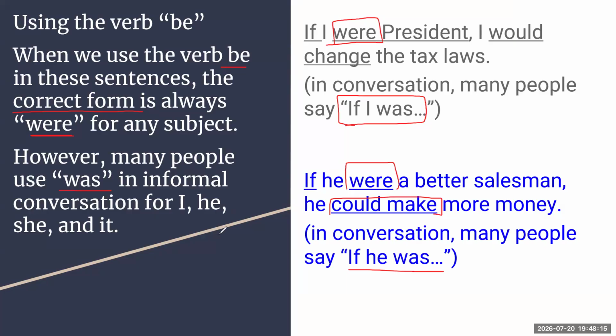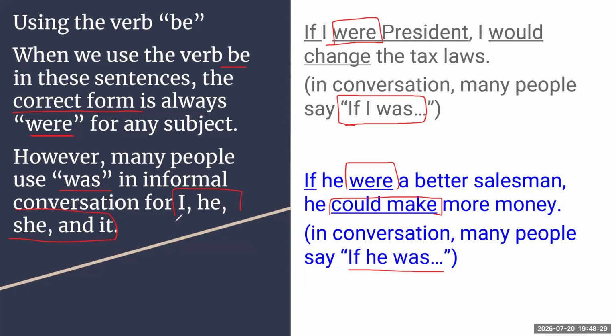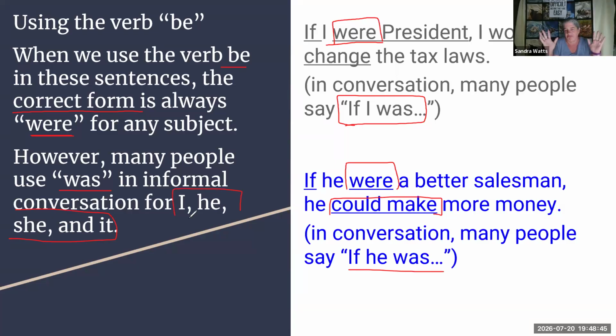But in the conversation, for I, he, she, and it, you can use was. A lot of people do in speaking. Only speaking. I would not use it in writing just because it's really not correct, you know. But yeah, if you're having a conversation with somebody, it's okay.